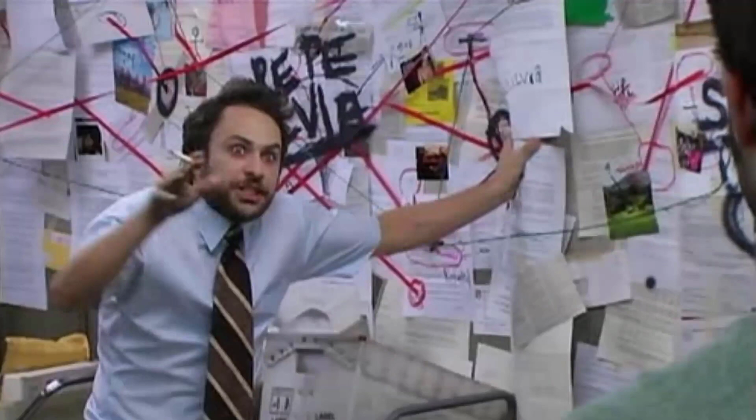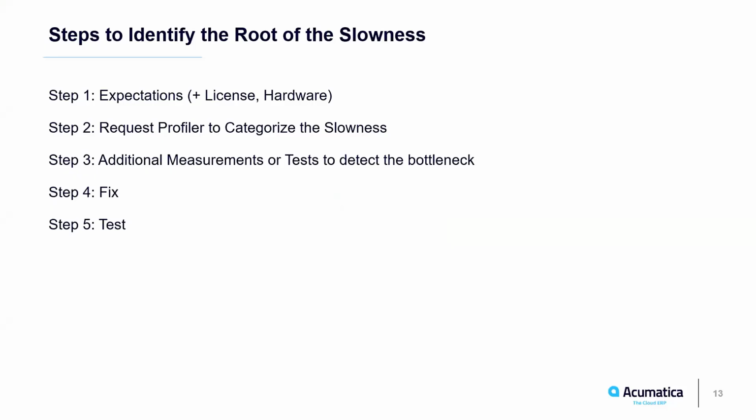So let's try to simplify it, and let's try to just take steps and look at the ways you can detect the issue, and the ways you can understand what causes the issues. So here are the 5 steps that I think are good for dealing with performance issues that are reported by the user or that you see yourself.